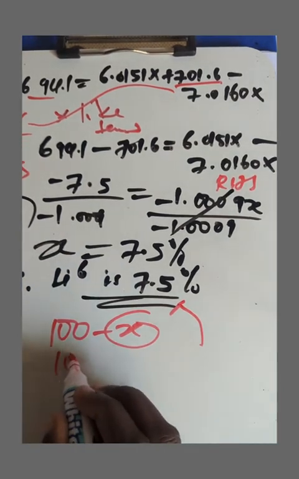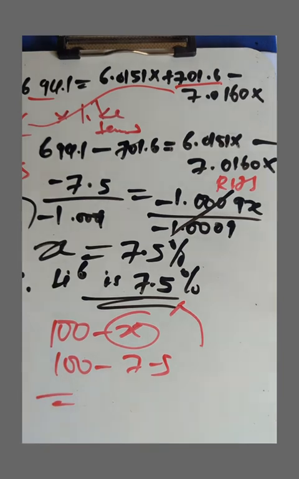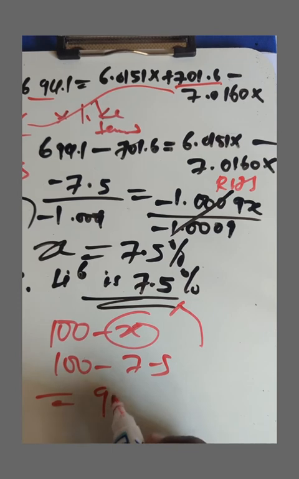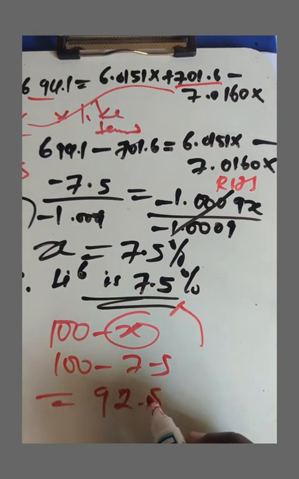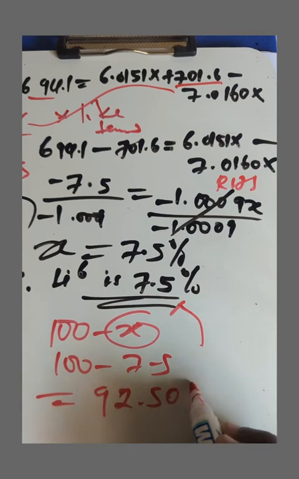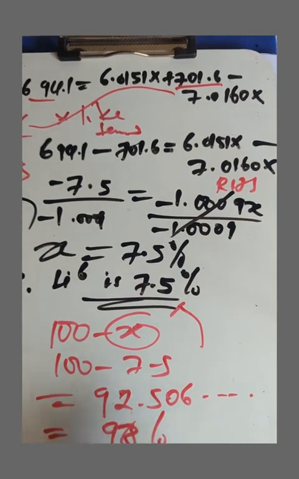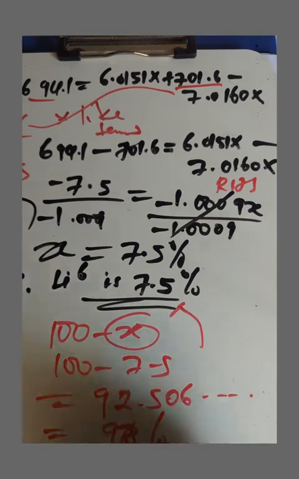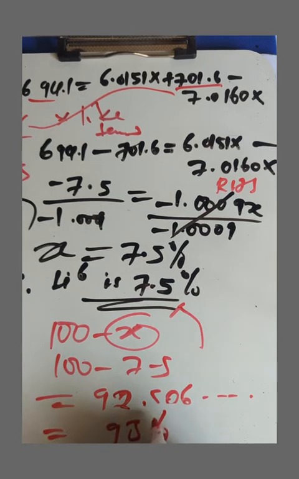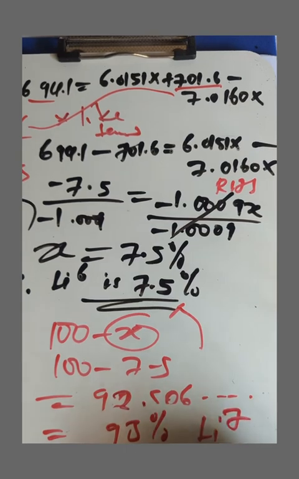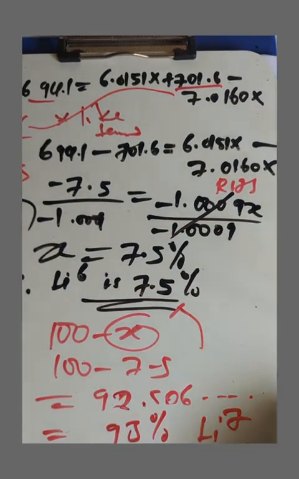So 100 minus 7.5 gives 92.5, something like that. When you round this off to the whole number, it will be 93%. So this is the percent abundance of lithium 7. Very simple.